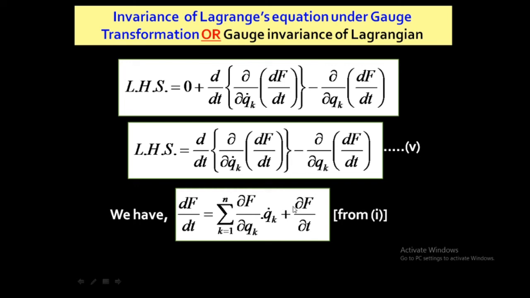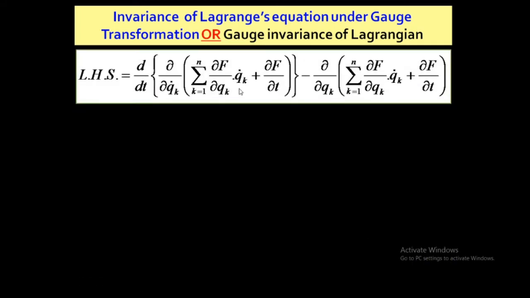After putting this value in place of df by dt, I can put this whole value. So after putting the value of df by dt in equation 5, I will get this.